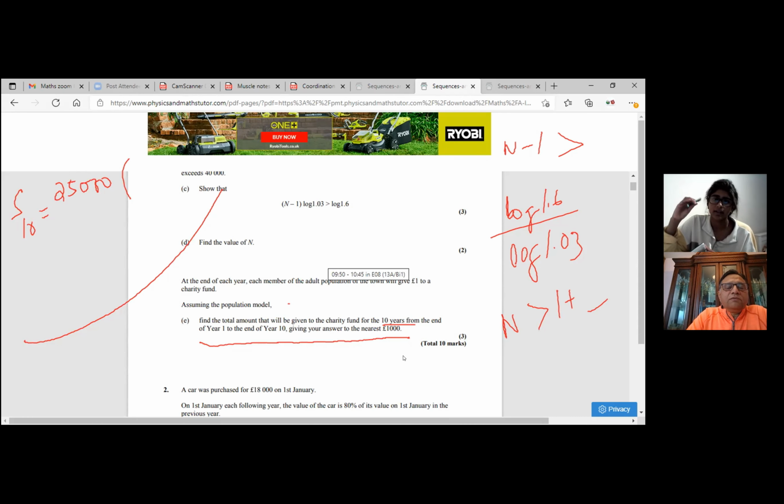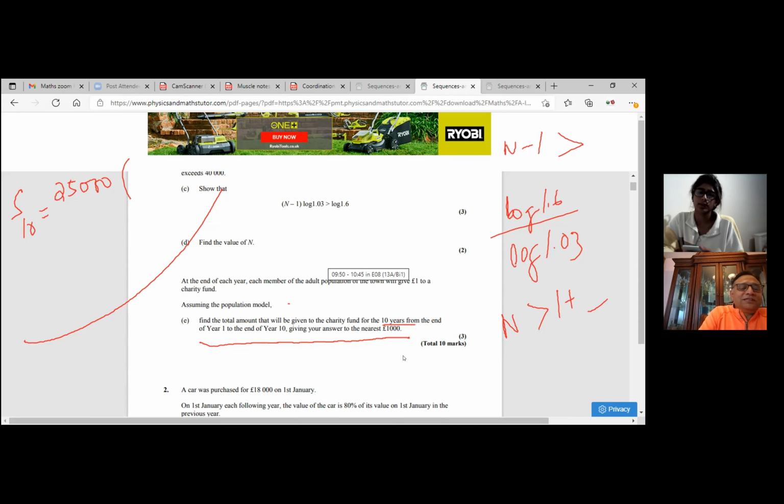Sorry. Find the total amount that will be given to the charity fund for the 10 years from the end of year 1 to the end of year 10. So every year, you can find the terms. Every year they're giving £1. Do you understand? Okay. So let's say first year, they will collect 25,000 pounds.